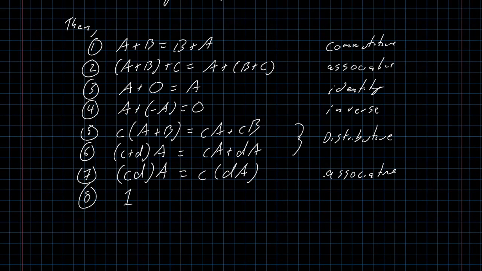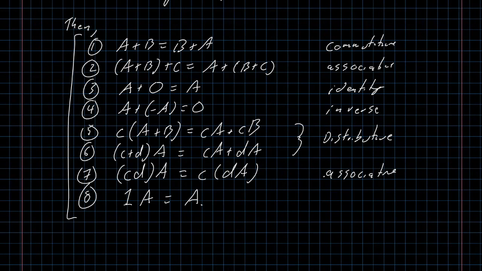And we've got the scalar 1 multiplied by any matrix is equal to that matrix. These 8 properties in total should look very familiar to you. We went through practically the same list when we looked at the properties of vectors in the first place.